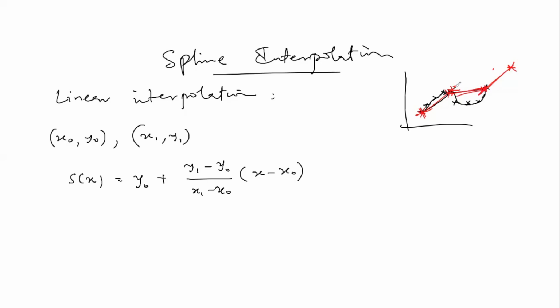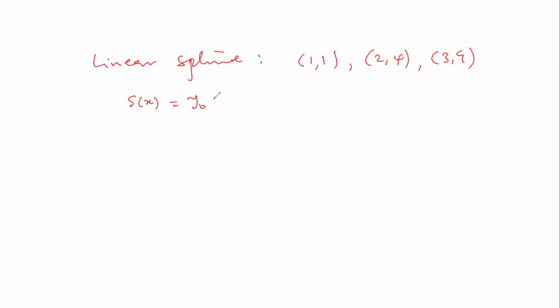So let us play with the same example for the linear spline. So we already have (1, 1), (2, 4), and (3, 9). So you want to recall that the linear spline between 2 points is given as S(x) being the same as y0 plus (y1 minus y0) over (x1 minus x0) times (x minus x0). So in this case, there are 2 points, okay?